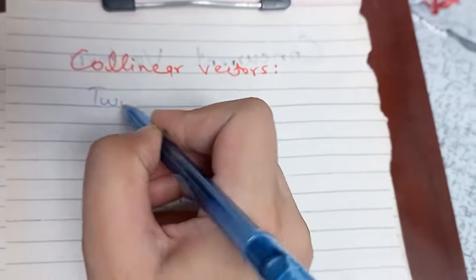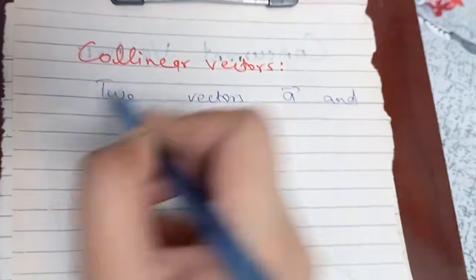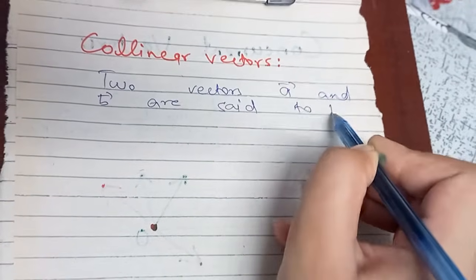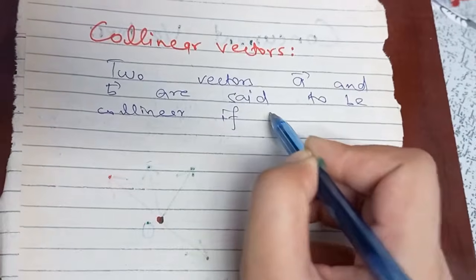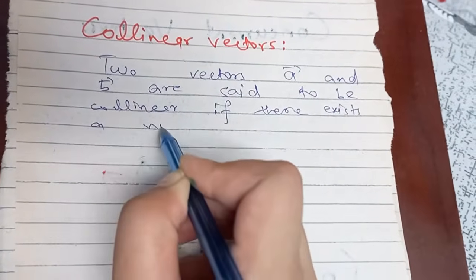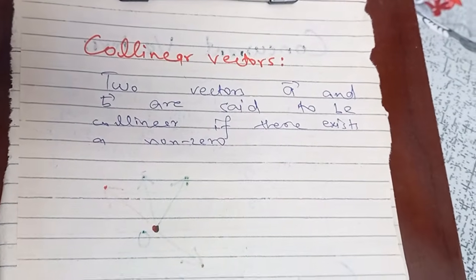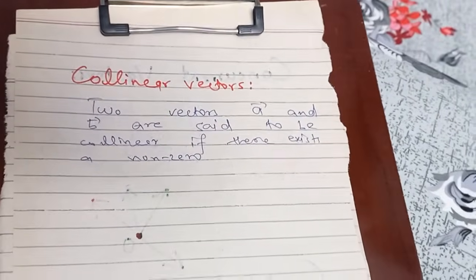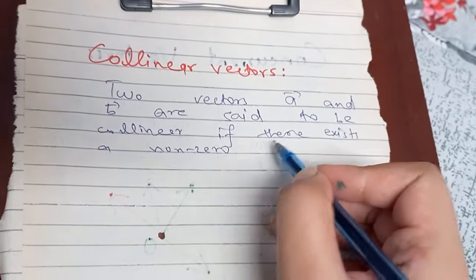Two vectors A and B are said to be collinear if there exists a non-zero number, because we are not including 0 here. Obviously, if you multiply a vector with 0, that's not something we are considering.